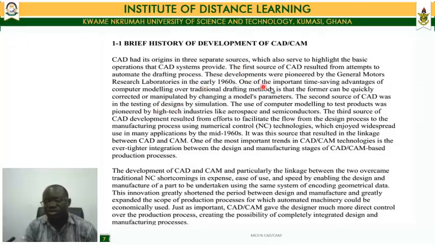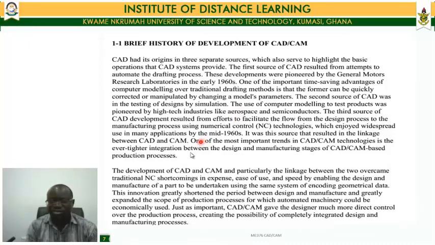These particular developments were pioneered by General Motors Research Lab in the 60s. What they came up with was basically a drafting tool software, a way to quickly create drawings using the software.